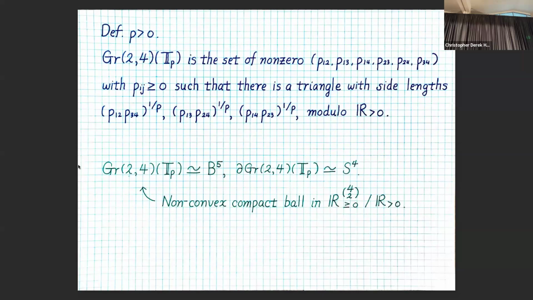So its boundary will be a 4-dimensional sphere. And as P approaches 0, this compact ball approaches the beloved object in tropical geometry, the so-called tropical Grassmannian Gr(2,4) over T0. You might know that that is a piecewise linear 4-dimensional object. Again, a very interesting non-convex structure.